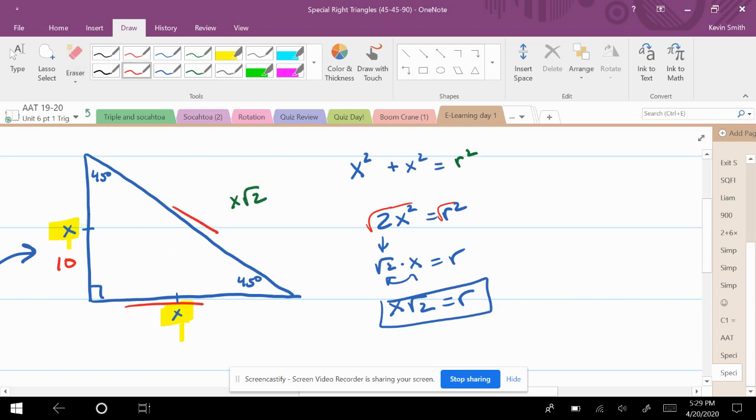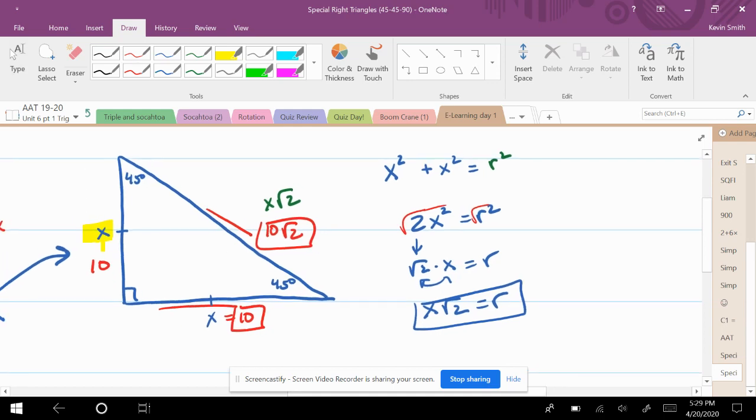You would look at this and say, all right, this is 10. I know this has to be equal, so this would also be 10. And this hypotenuse is going to be whatever my x is, 10, times the square root of 2. So those would be the missing side lengths.